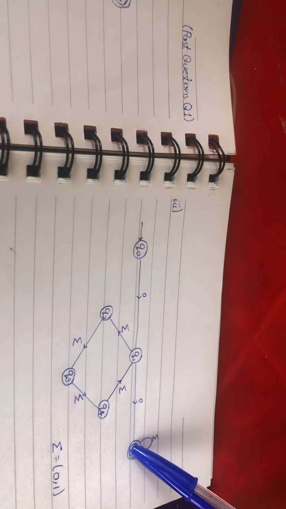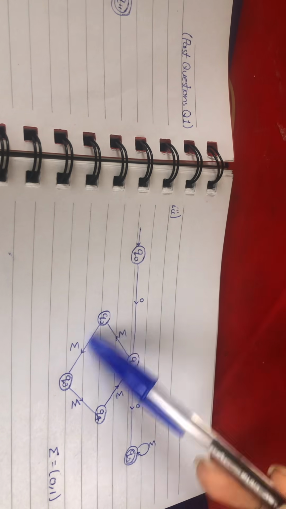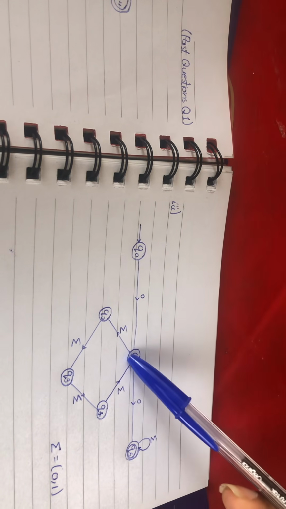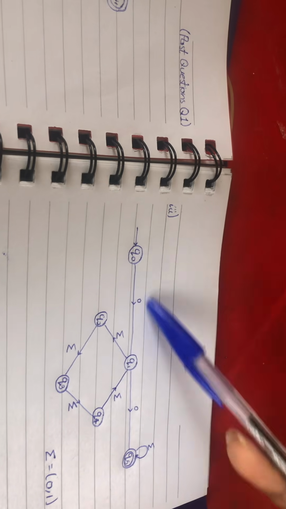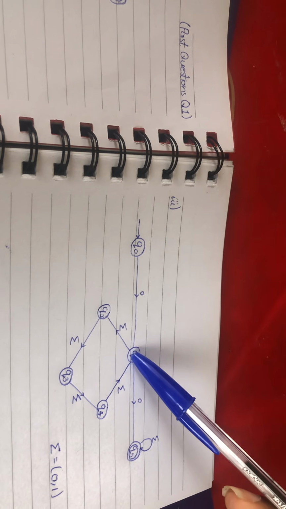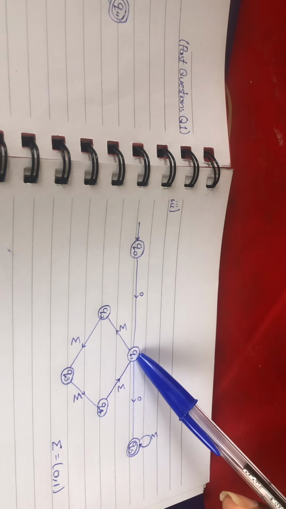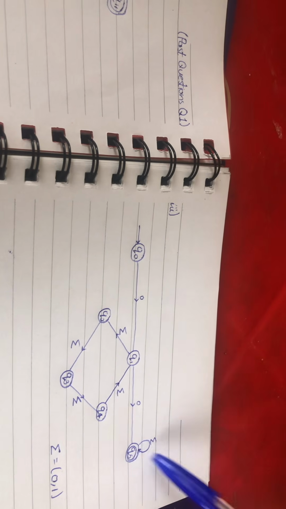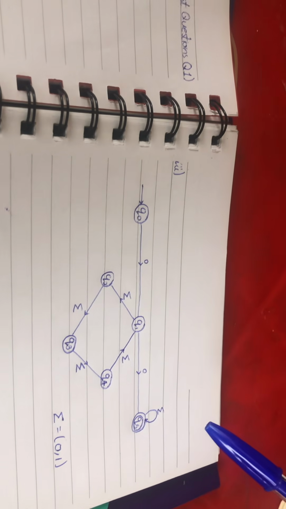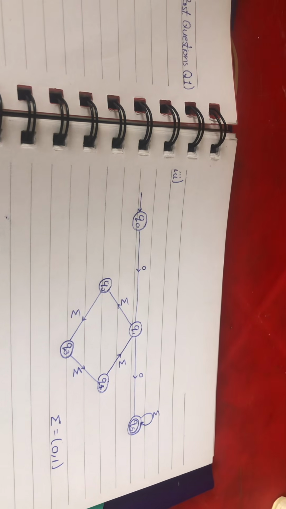It should still be accepted, separated by 4 positions, which can be 0 or 1. Here it can be 0, then separated by, let's say, 0 1 0 1 and another 0. It's accepted. That's all. That's how I got this.